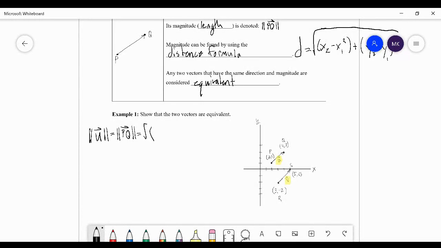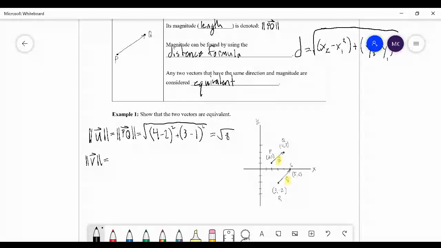So it's x2, so 4, minus x1 squared, plus y2 minus y1 squared. That's all being square rooted, and that comes out to be the square root of 8. Now if we find the magnitude of the vector v, and u and v are our pretty typical vector variable names. Those are usually what we go with.